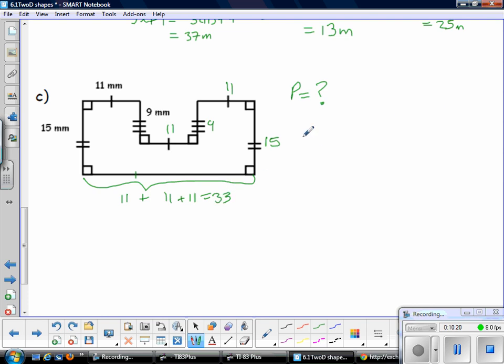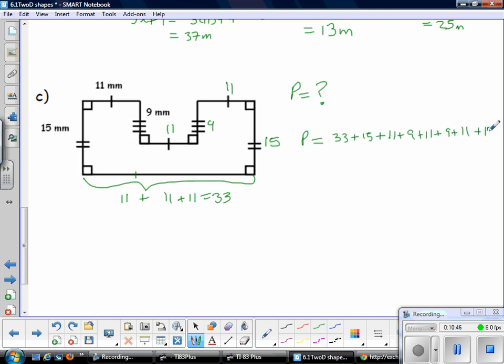So my perimeter here is going to equal, okay, and I'm going to start at the bottom, and I'm going to go counterclockwise. So 33 plus 15 plus, you could count all the 11s you wanted, 11 plus 9 plus 11 plus 9 plus 11 plus 15.